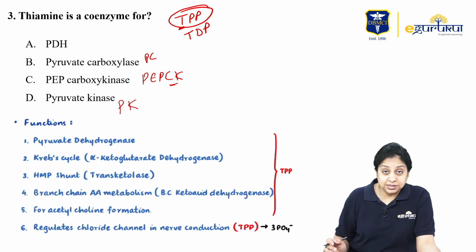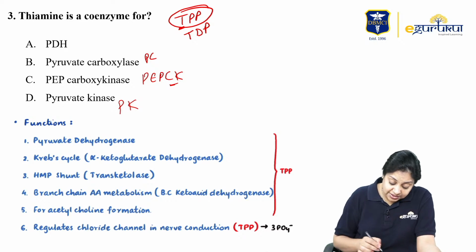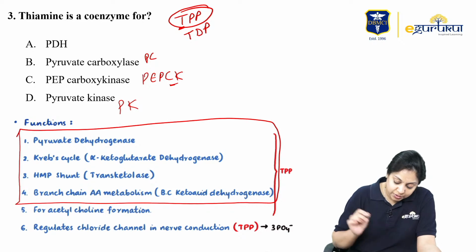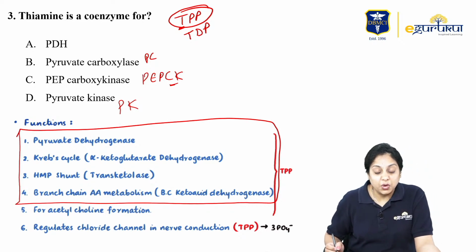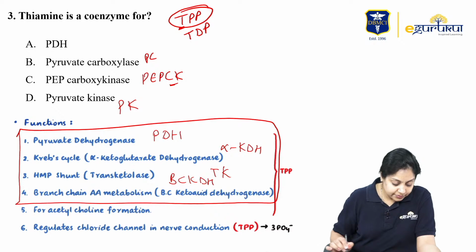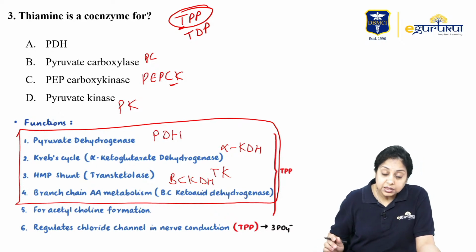I have just shown you previously. These are the 4 enzymes TPP plays around with. So TPP is having 4 boyfriends, right? PDH, alpha KDH, TK and BCKDH, right? These are the 4 ones.